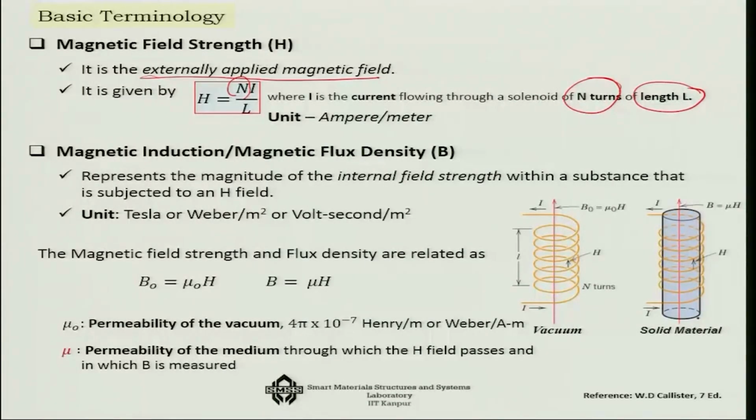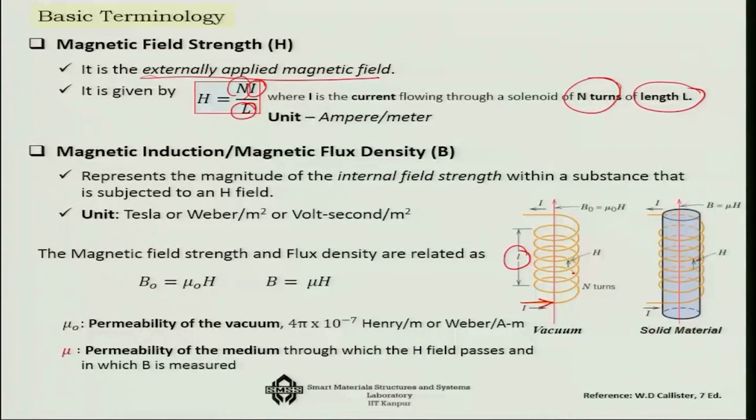Suppose this is a solenoid, then L is the length of the solenoid, and the current is I. If I increase the current in the coil, I get more magnetic field.